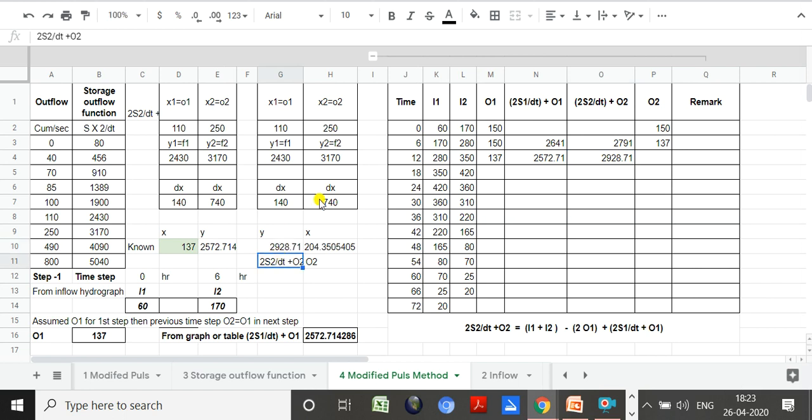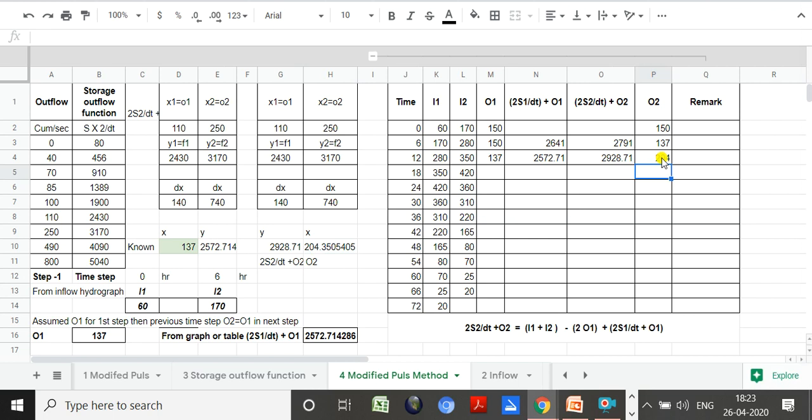Now this 2928 is in between 2430 and 3170. Therefore, from this interpolation function you will get the corresponding O2 value, which is 204.